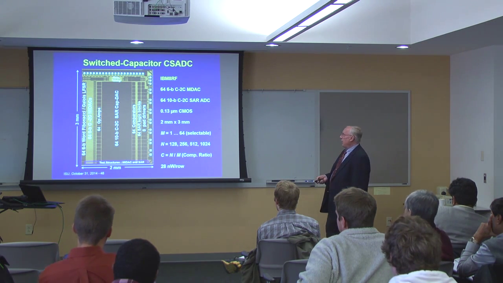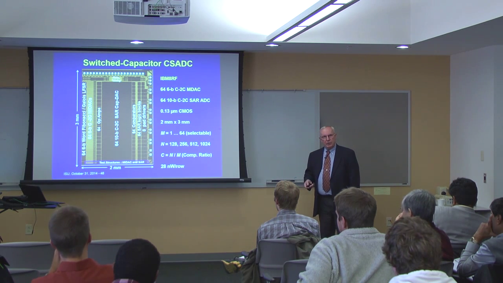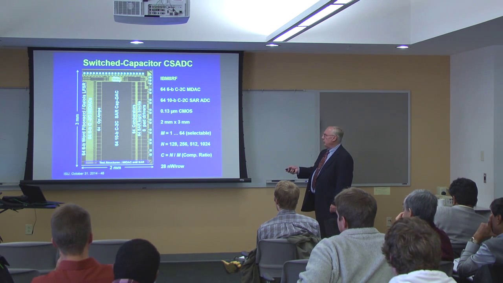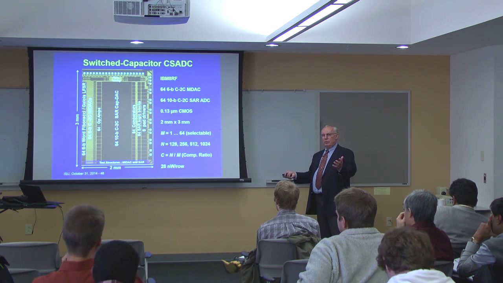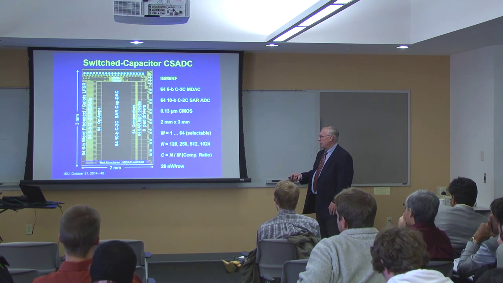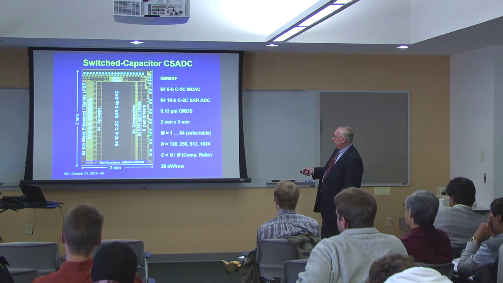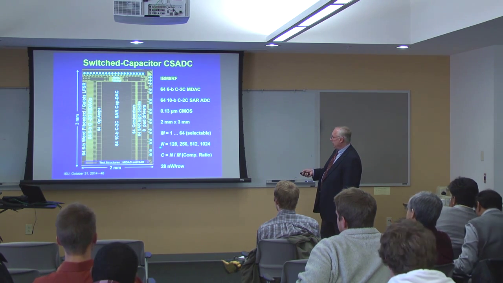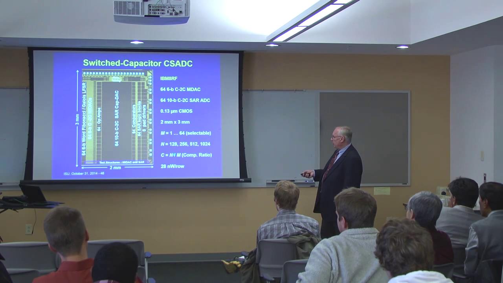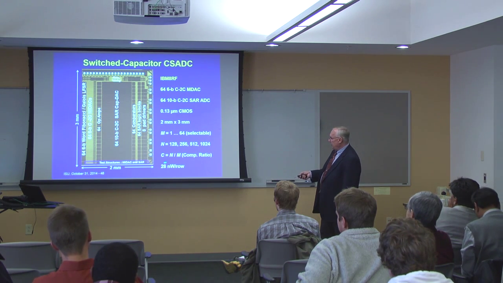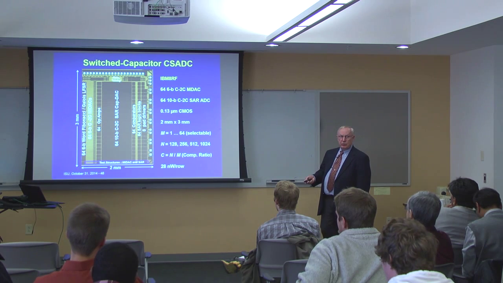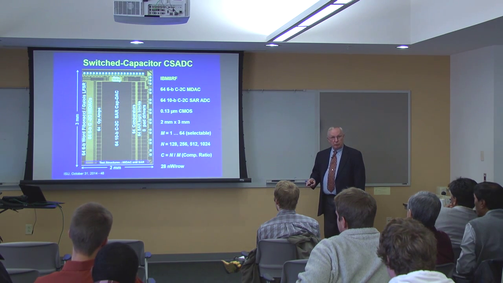Now, depending on what your compression factor is, you may use all of these, or you may only use 1 or 2 if you have a lot of compression. So the nice thing about this is it's pretty simple structure, and it's extremely power efficient. So for the ECG application, we only use 28 nanowatts per row.